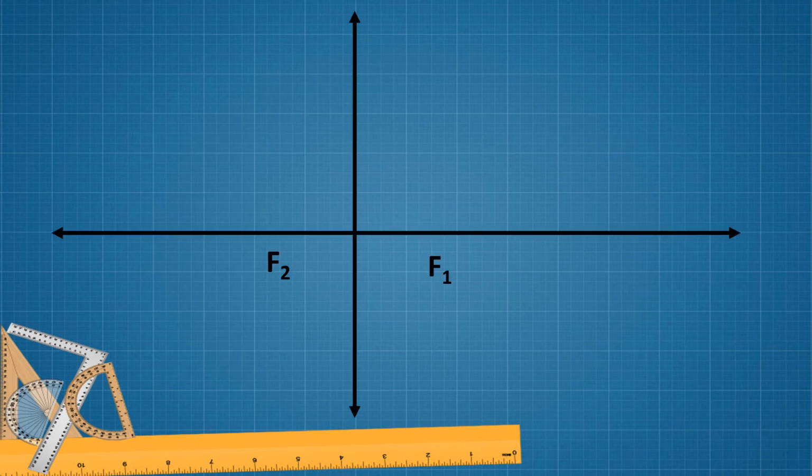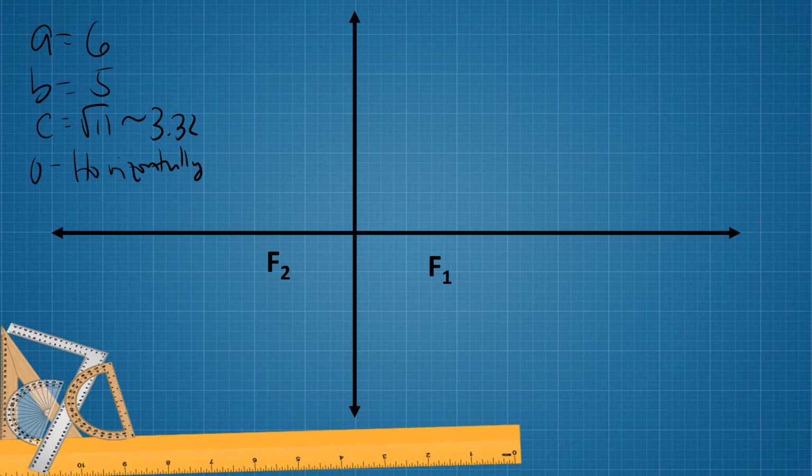First, let's rewrite the values: a is equal to 6, b is equal to 5, and c is equal to square root of 11, or approximately 3.32. And the orientation is horizontal.